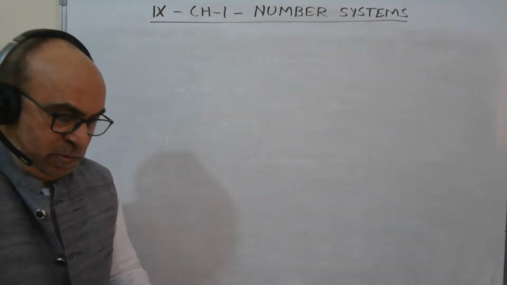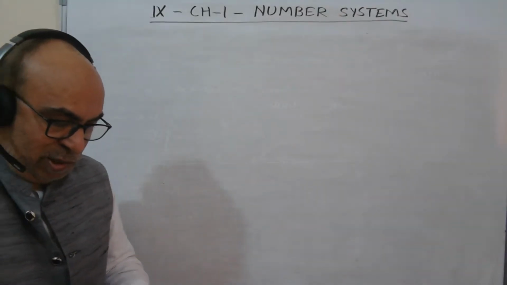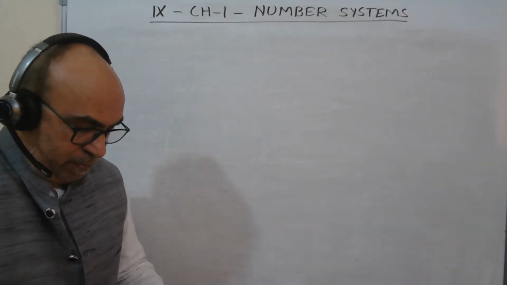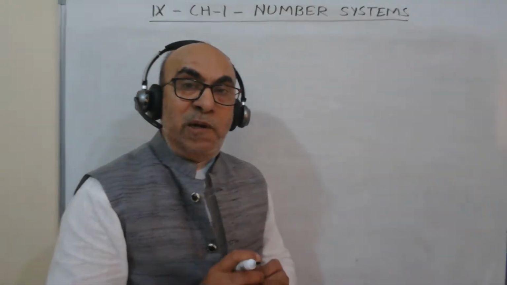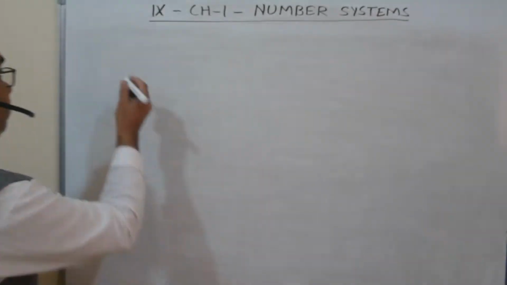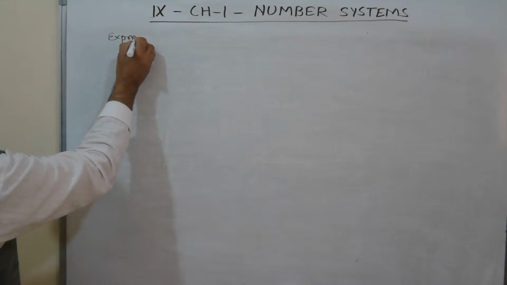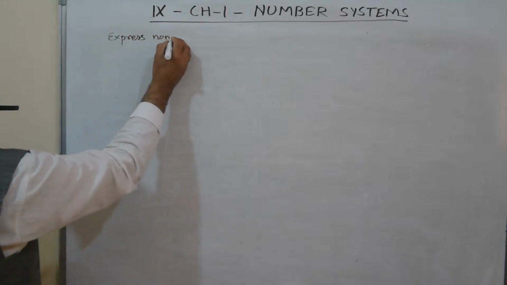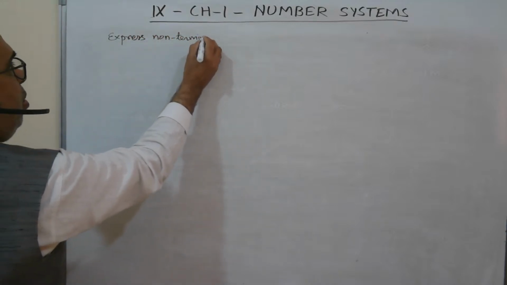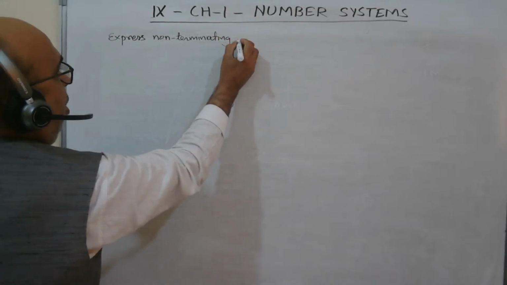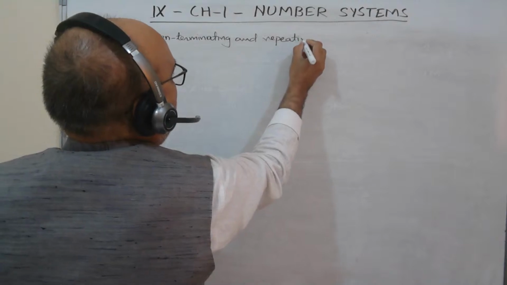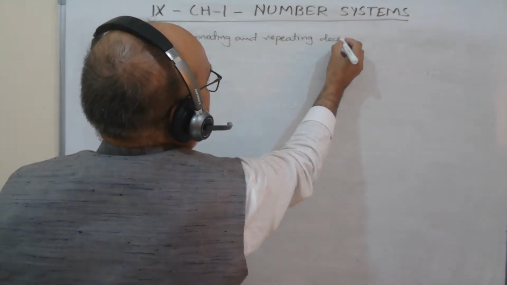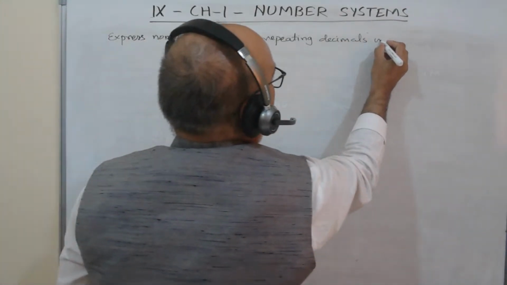Now we are going to learn how to express non-terminating repeating decimals, repeating means recurring, in the form of p by q.